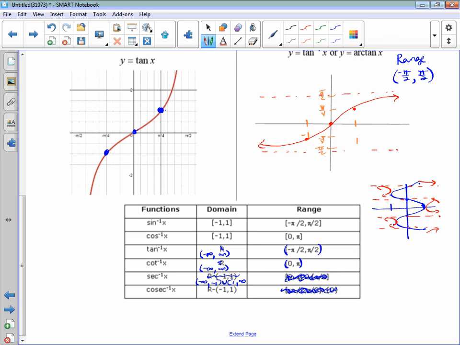And then think about your range here. Which section are we looking at for secant? What did we pick for cosine? Which part of the graph are we using for inverse cosine? 0 to pi. So what do you think we're going to use for secant? Also 0 to pi. It makes sense that they would go together, right? So if I go from 0 to pi, that covers everything. You do have an asymptote in the middle, though. Do you guys know where that asymptote is?